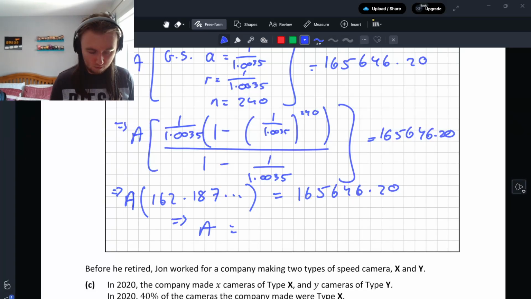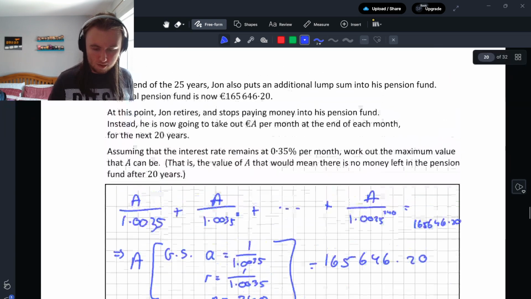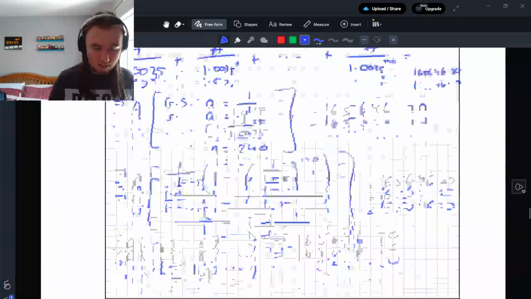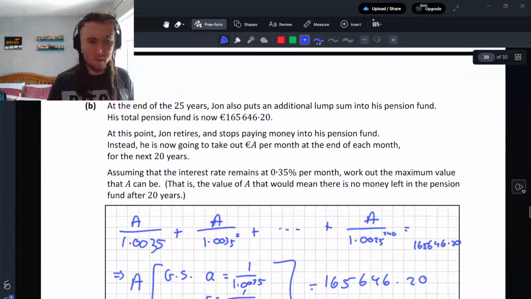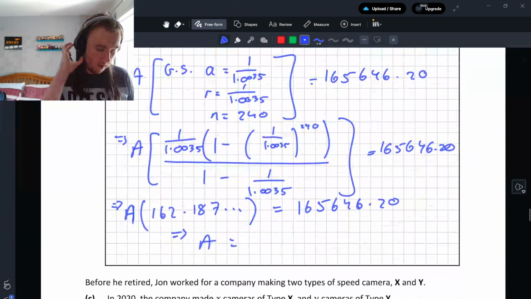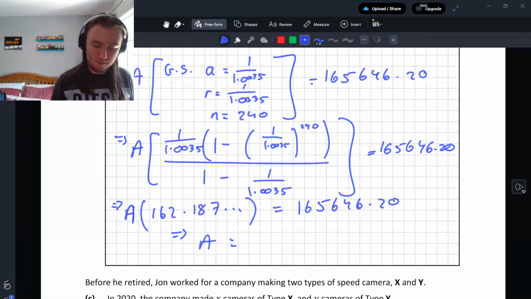So A is 165,646.2 divided by answer. And to the nearest, we'll just take it as cent because it doesn't say, does it? Maximum value that A could be. So 1,021.32.